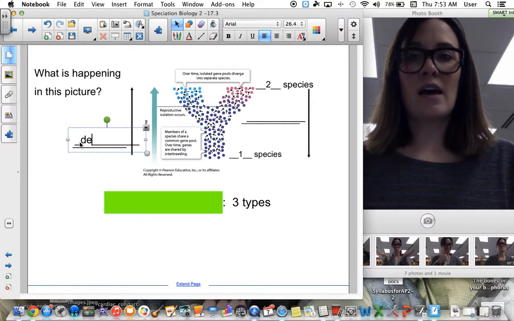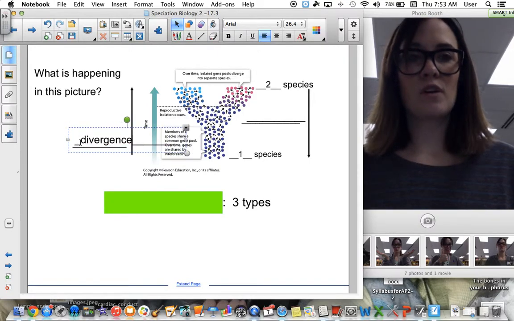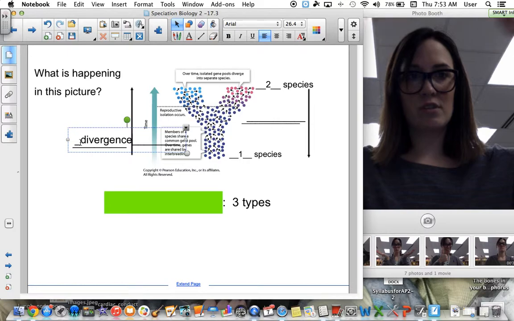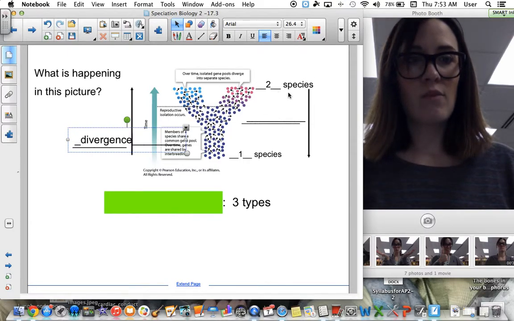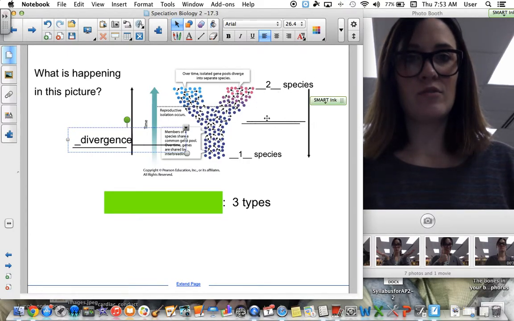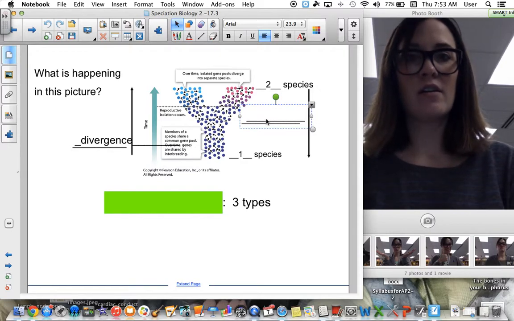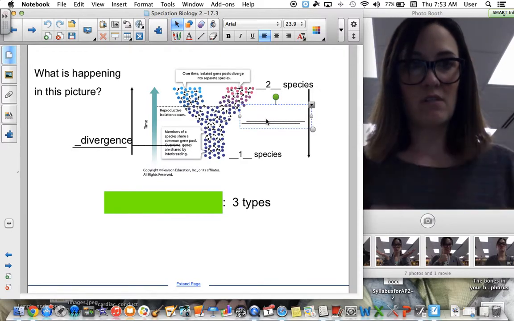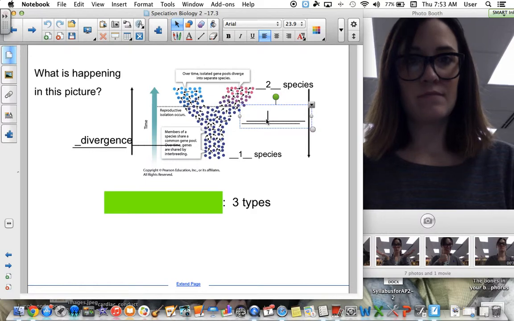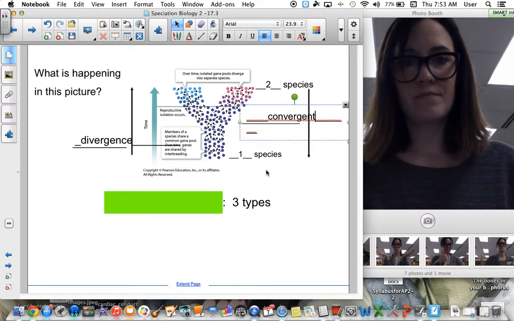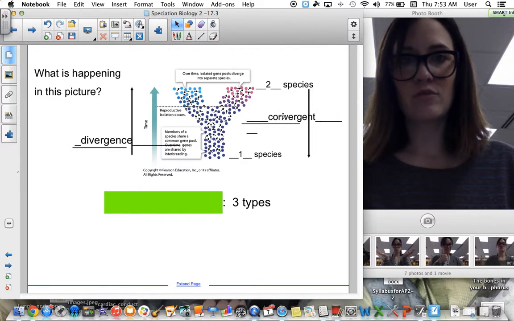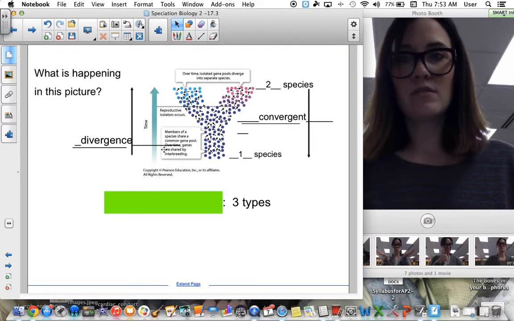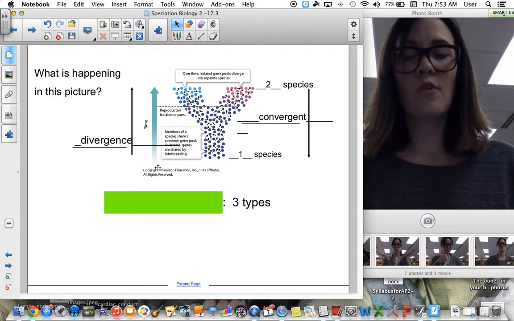That is called divergence, when one species diverges to become two. And we also actually see the opposite in evolution too. We'll talk about that later. But two species can converge. Convergent evolution.